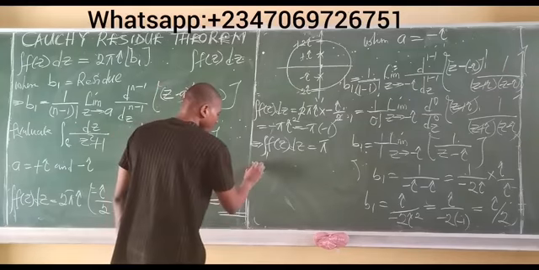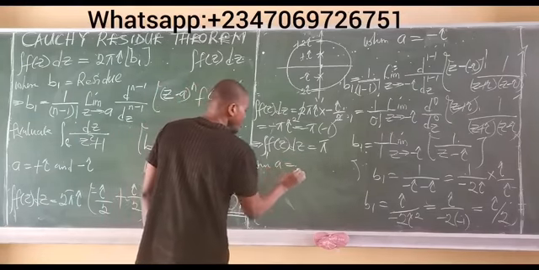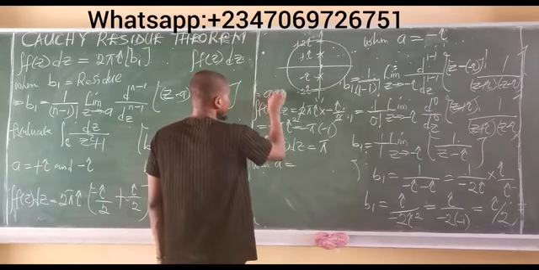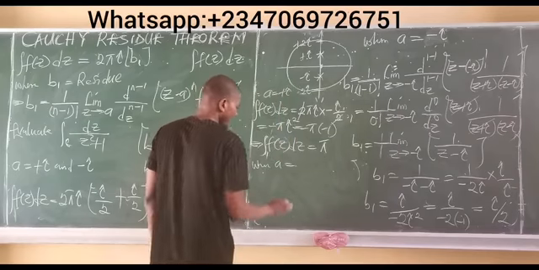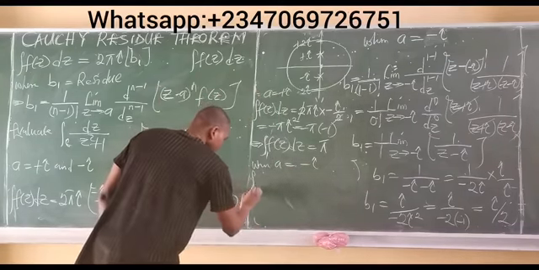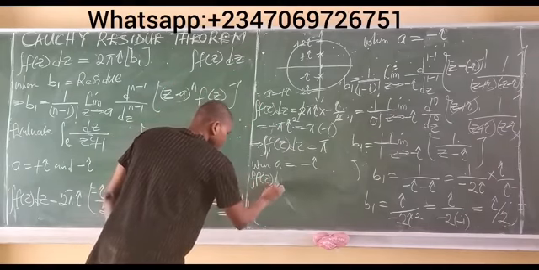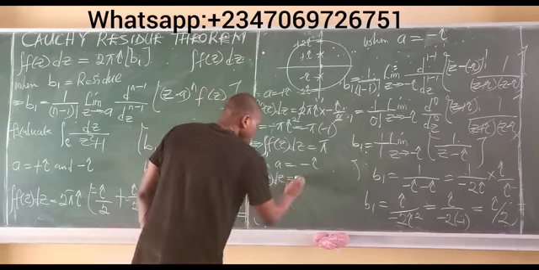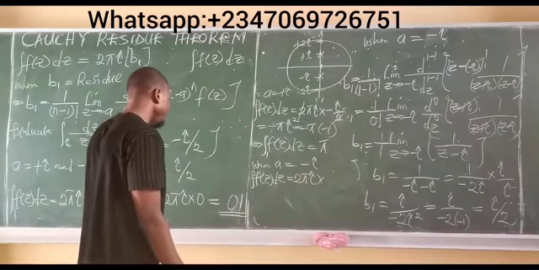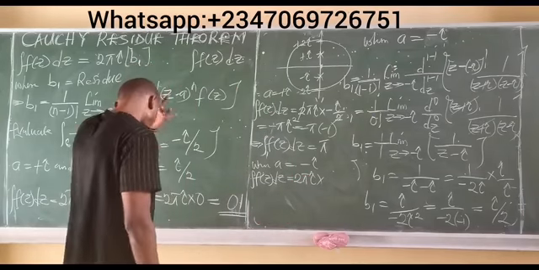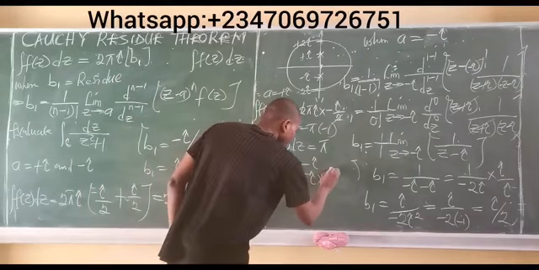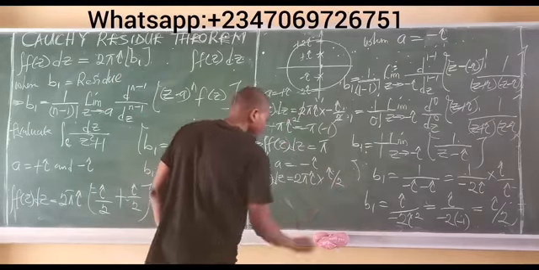And secondly, this is when a is equal to plus i. Now when a is equal to minus i, we have the second integral of the function. The integral of f of z dz is now equal to 2 pi i multiplied by the residue there, which is i over 2, so times i all over 2.